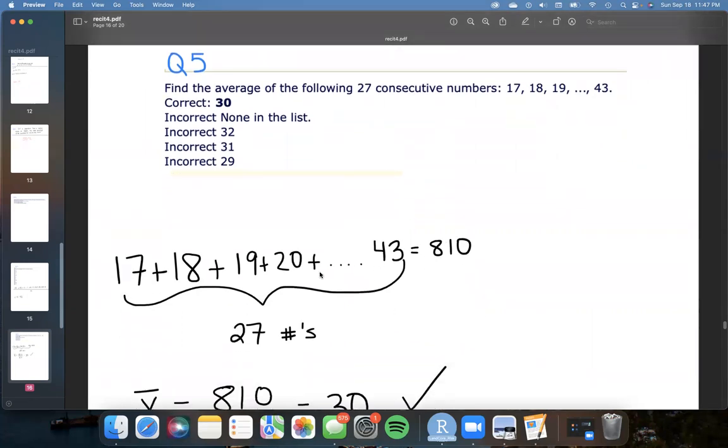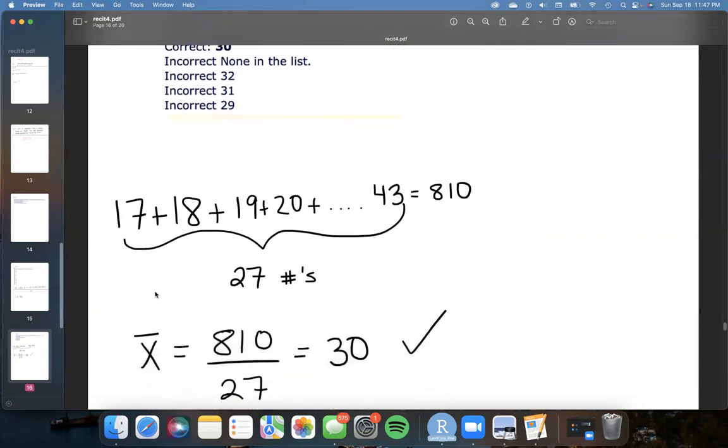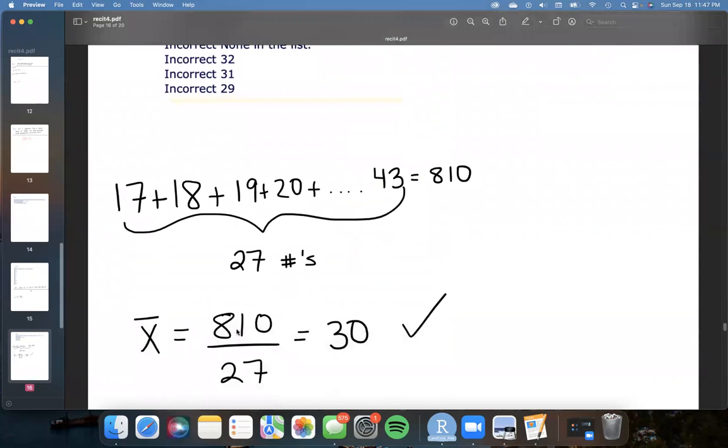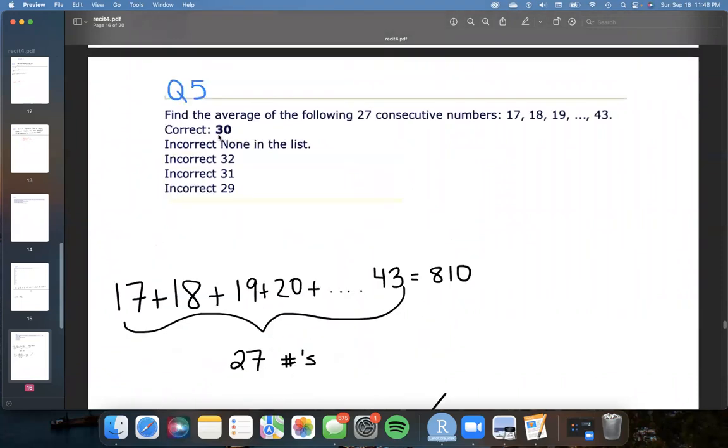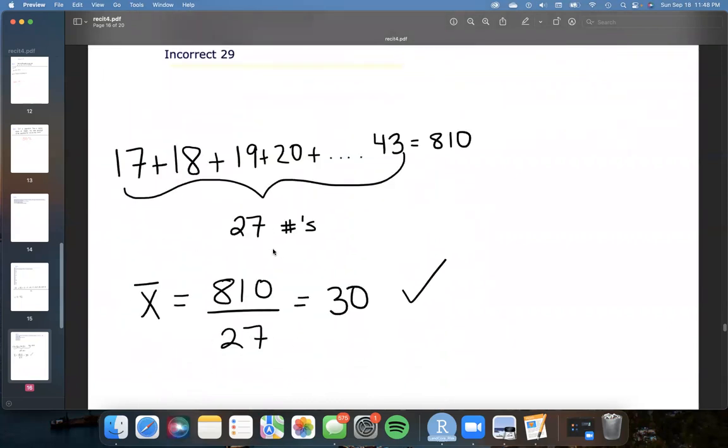There are 27 total numbers, or 27 data points. So to find the mean, you would do 810 divided by 27, and that'll give us 30. So that is the average.